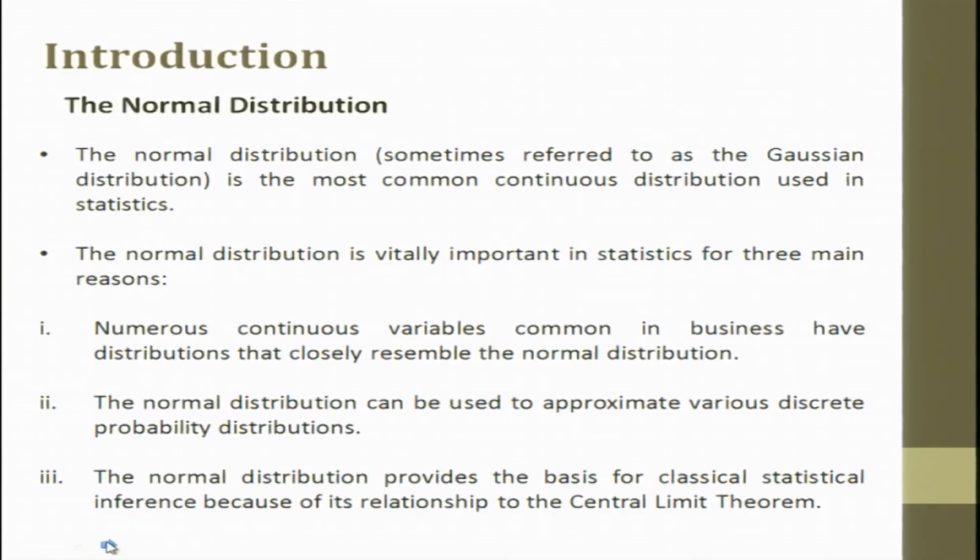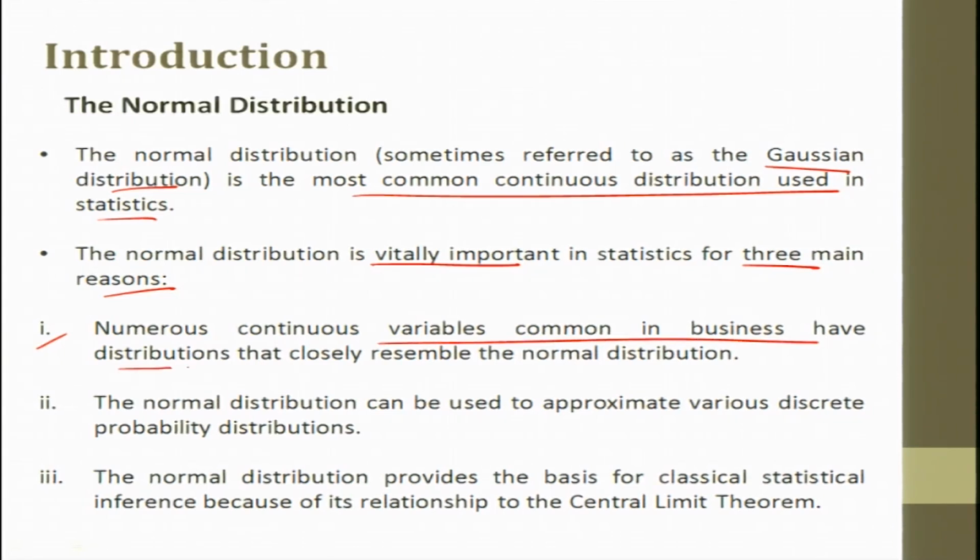Normal distribution is sometimes also referred to as Gaussian distribution, because Gauss came up with it. It is the most common continuous distribution used in statistics. The normal distribution is vitally important in statistics for three main reasons. Number one, numerous continuous variables common in business have distributions that closely resemble the normal distribution.